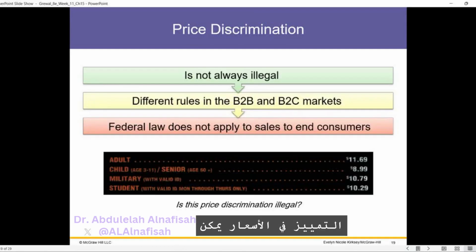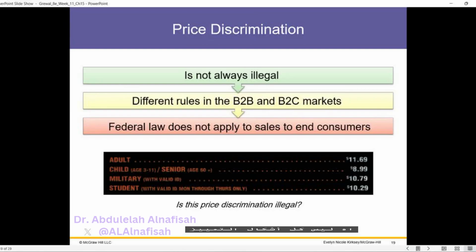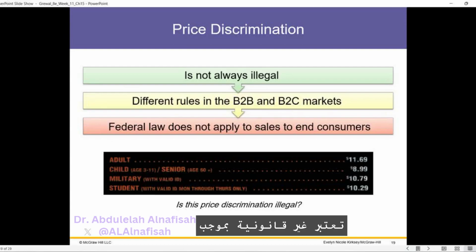Price discrimination can take various forms, and not all forms of price discrimination are considered illegal under the Clayton Act and the Robinson-Patman Act. Price discrimination refers to the practice of selling the same product to different customers or resellers at different prices.